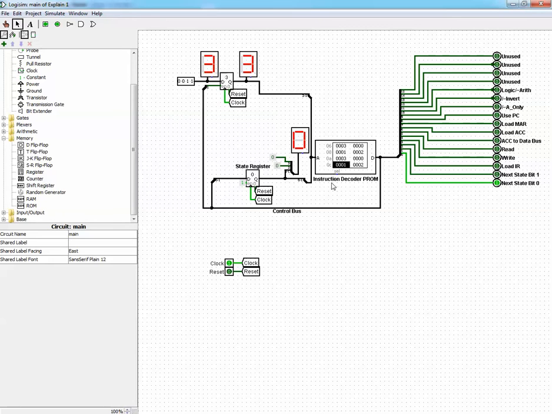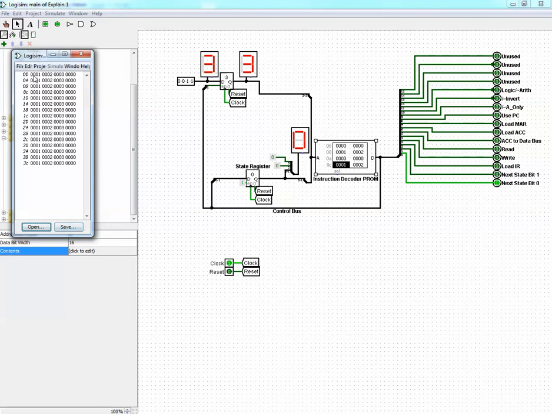Let's have a look at this. So we need to change this to 0005, 0006, 0007, 0004, which corresponds to the load IR being 1.